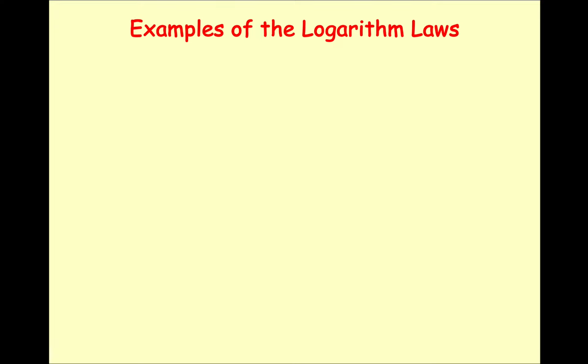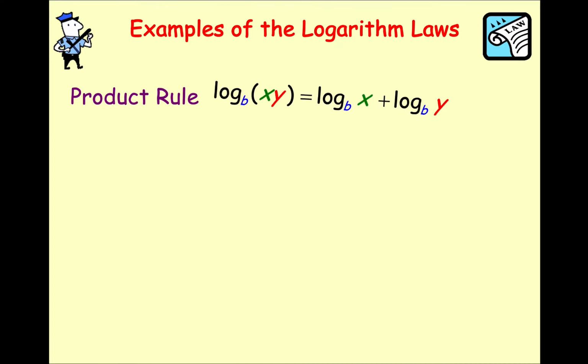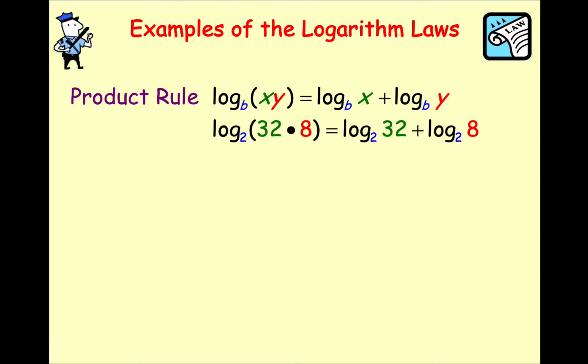Examples of logarithmic laws. Using the product rule. Remember that log b of xy is the same as log b x plus log b y. So if we want to work out log base 2 of 32 times 8, it is equal to log base 2 of 32 plus log base 2 of 8.